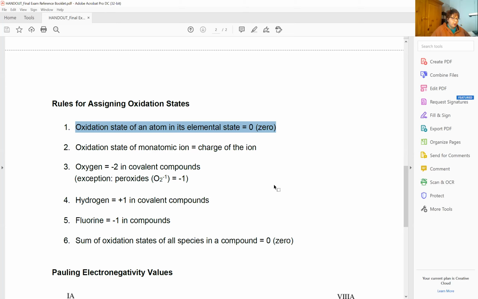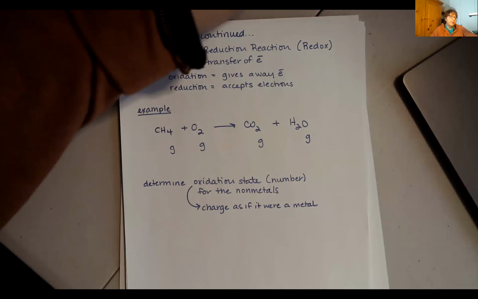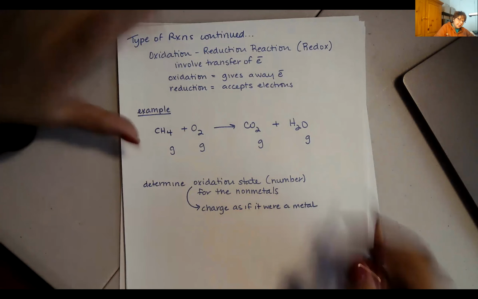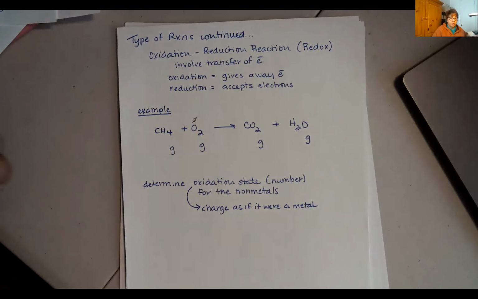So looking at our reaction, oxygen is in its elemental state. Remember that it's diatomic. So this is its elemental state. So its oxidation number is 0. In other words, it has no charge.